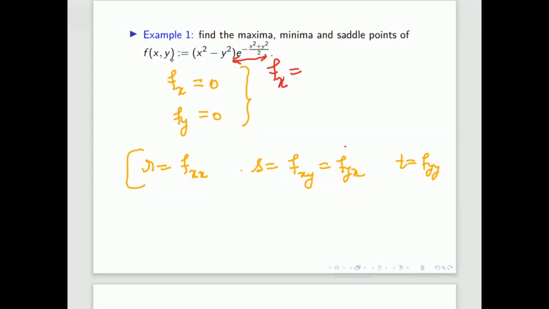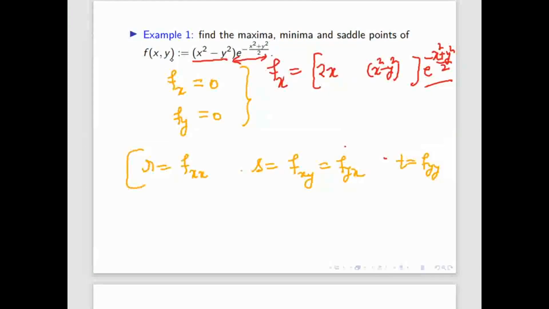The first function as it is, its differentiation is 2x e to the power minus (x square plus y square) by 2. Then the second term, as it is, x square minus y square, times the differentiation of e to the power minus (x square plus y square) by 2, which gives this, and then the derivative with respect to x gives minus x.